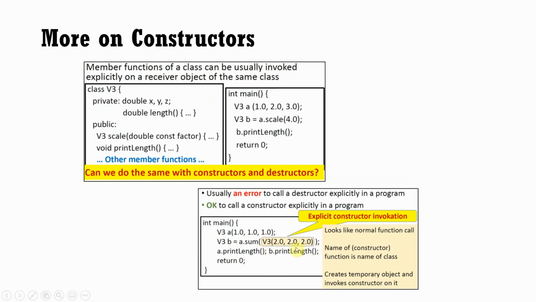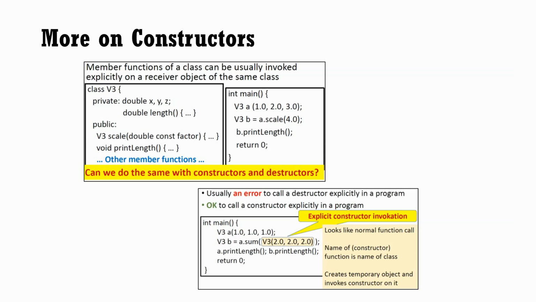This is the name of my class, and it has three parameters. What is this? This is basically the programmer calling the non-default constructor explicitly.